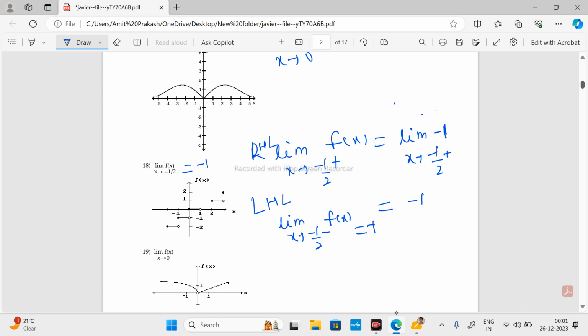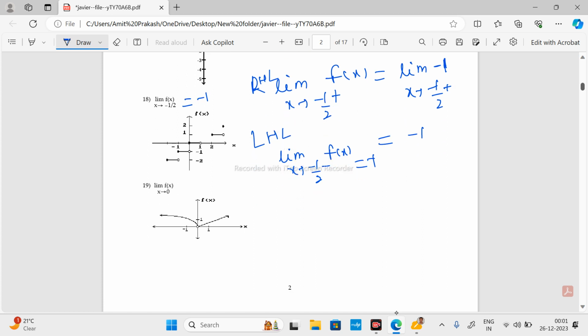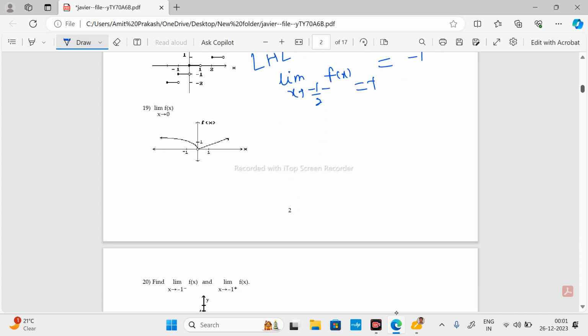Again we have another problem, limit x tends to 0.